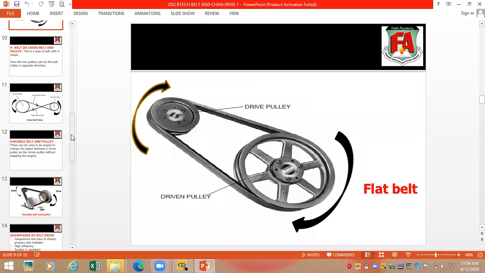Is that clear? You can see a belt linking the two pulleys together. This is a practical example of how a flat belt or a straight belt looks like. Is that clear? Any question before I go on? Any question from anybody?